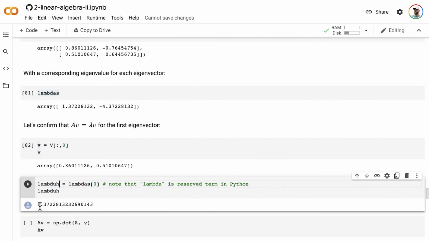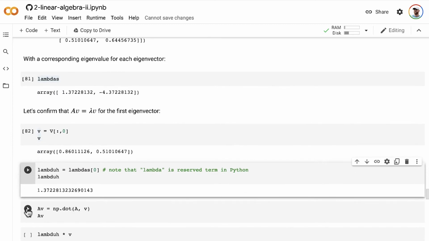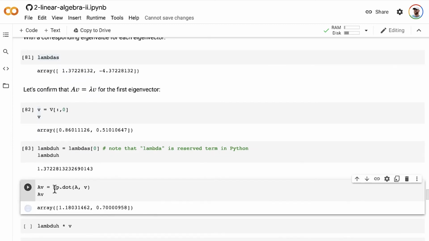Regardless of what you call it, it is still the first eigenvalue, 1.37. And now let's confirm that this equation is satisfied. So let's first calculate the matrix multiplication of A times the vector V, and we get this result.